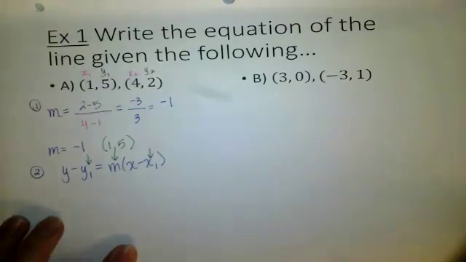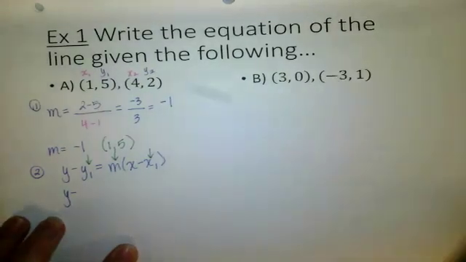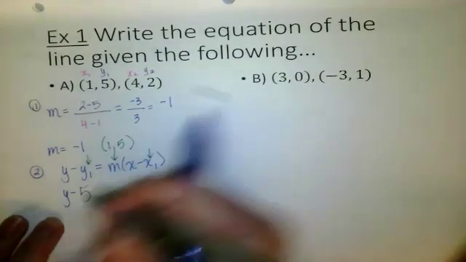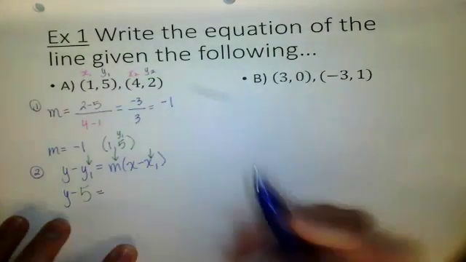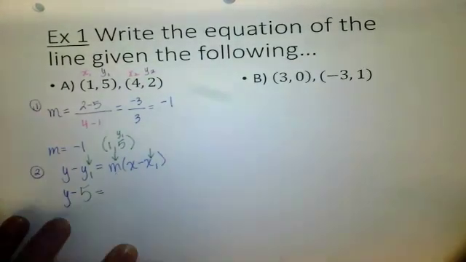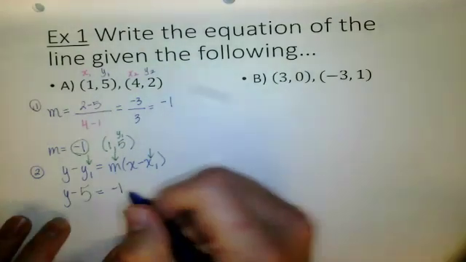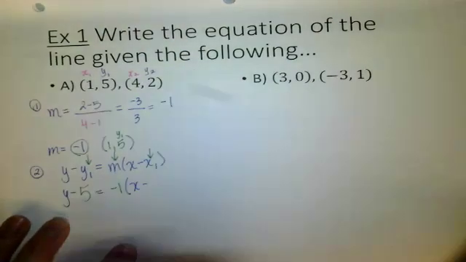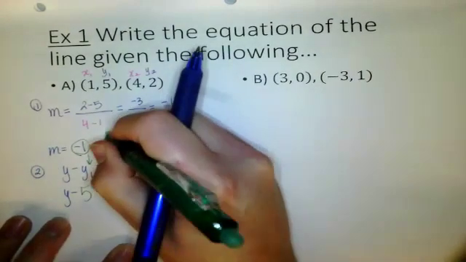So I'm going to write y minus what? y minus 5, that's my y1 value, equals, what should I put in place of m? Negative 1, we found that, times the quantity x minus, what should I put in place of x1? 1. That's what x1 was.